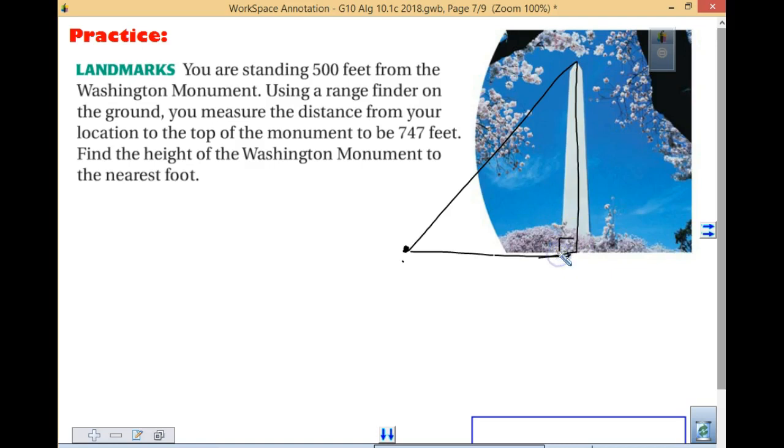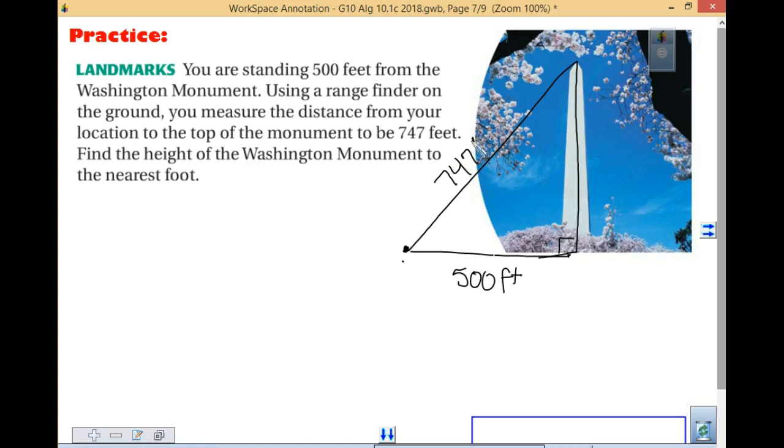So, the 500, that's our base, right? That's how far you are standing from the monument. This is your 500 feet. The 747 is the hypotenuse, right? They tell us that this is, when you measure it, 747 feet.